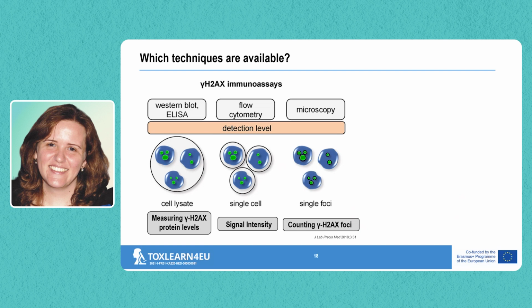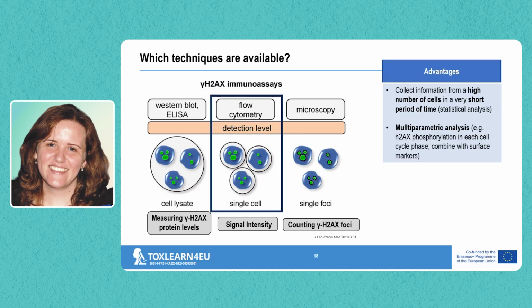Okay, so this is the gold standard procedure. But there are also people using Western blot, measuring protein levels of phosphorylated H2AX in cell lysate. But today we will talk about the possibility of using flow cytometry.